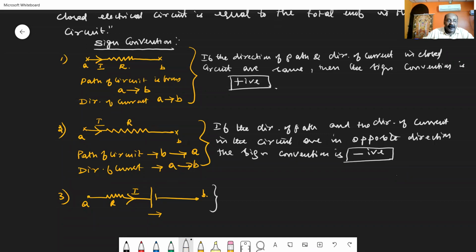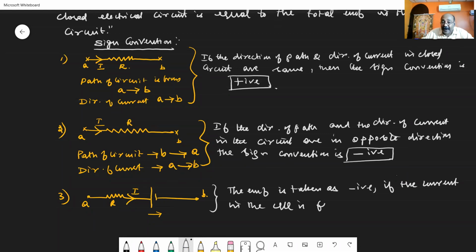The EMF is taken as negative if the current in the cell is flowing from higher potential to lower potential, that is flowing from positive terminal to negative terminal.